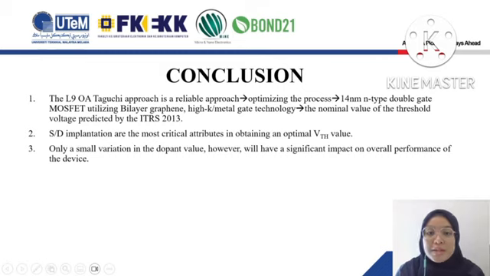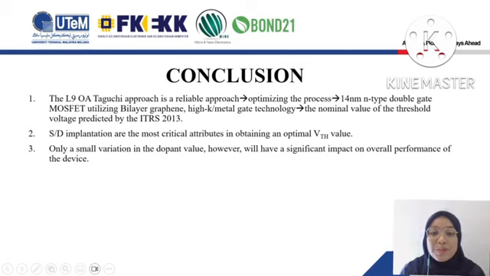To summarize, the L9 orthogonal array Taguchi approach is a reliable approach for optimizing the process parameters in the development of a 14 nano N-type double gate MOSFET utilizing bilayer graphene, high K and also metal gate technology to attain the nominal value of the threshold voltage predicted by the International Technology Roadmap for Semiconductors 2013.